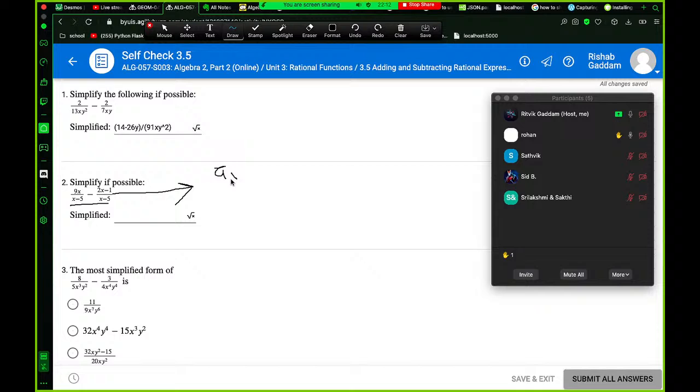Minus 2x plus 1 over 5x over x minus 5. 9x minus 8 is 7x. Wait, wouldn't it be 2x minus 1 because it shows it on the problem? Yeah, but subtracting negative 1, you're adding 1. Oh, okay. 7x plus 1 over x minus 5.